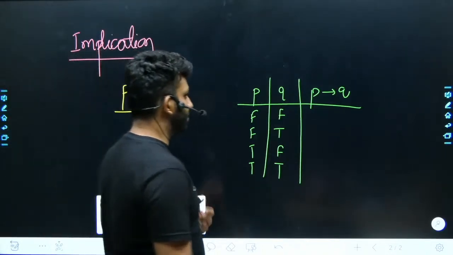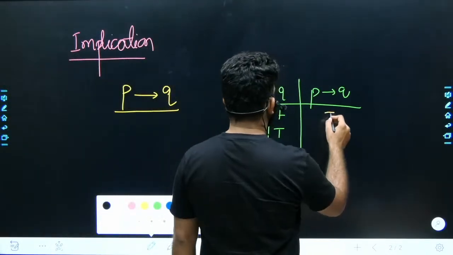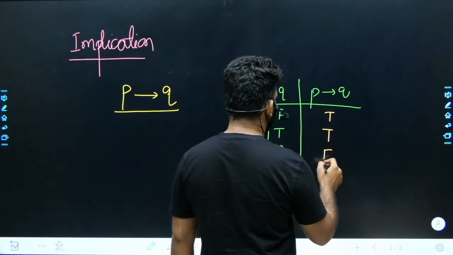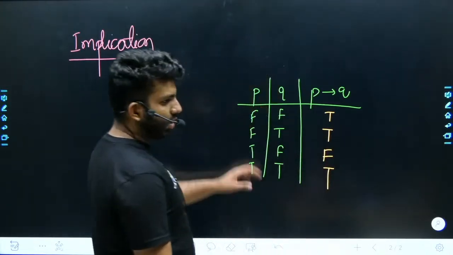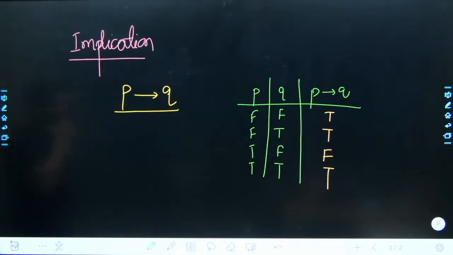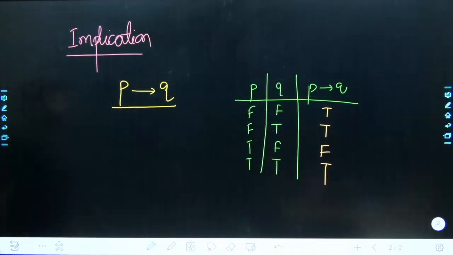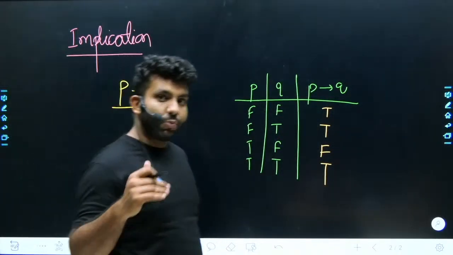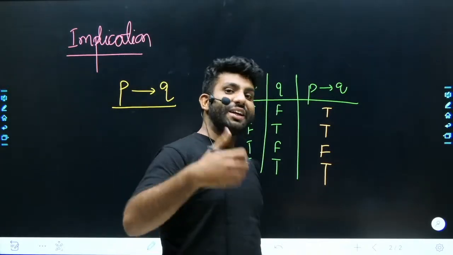Over here it will always be true. It's true, true, false, and true. We know this already, what exactly is going to be the truth table for this. Now the main important point over here is, why do we have it? First of all, we need to understand that.